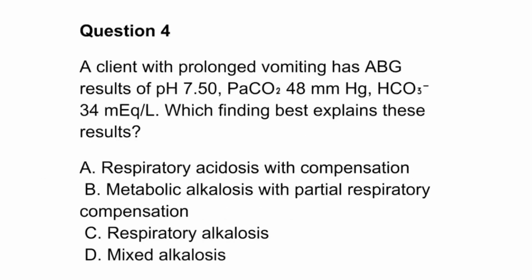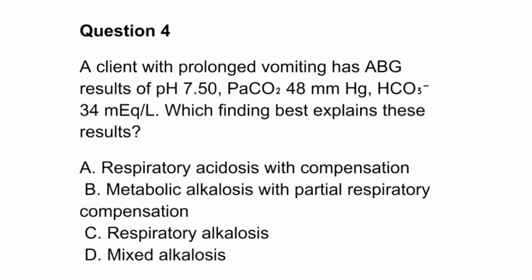Question 4. A client with prolonged vomiting has ABG results of pH 7.50, PaCO2 48 millimeters of mercury, HCO3 34 milliequivalents/L. Which finding best explains these results? A. Respiratory acidosis with compensation. B. Metabolic alkalosis with partial respiratory compensation.